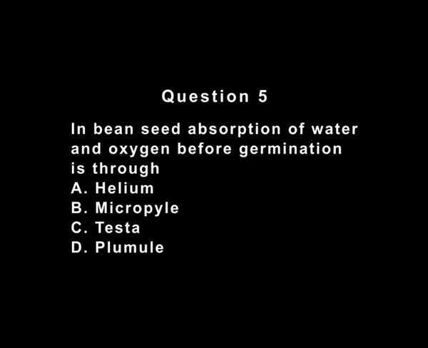Testa is the skin that covers the seed. Plumule is the part of the embryo that grows out. So micropyle is a tiny pore through which air and water can enter the seed. So the answer to question 5 is option B, micropyle.